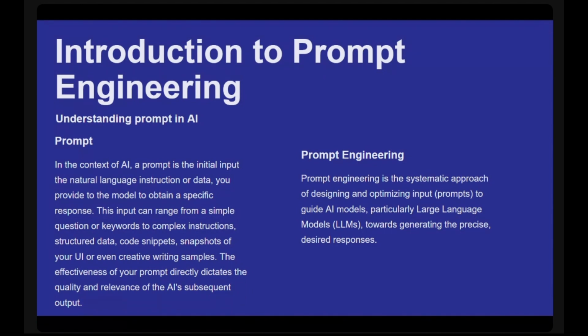So we have seen the definition of prompt. Prompt engineering is nothing but a systematic approach of designing these optimized inputs for the AI systems. Obviously, we are dealing with LLMs, which means large language models. So we will be interacting with large language models in natural language, and we call this in the AI field natural language processing.